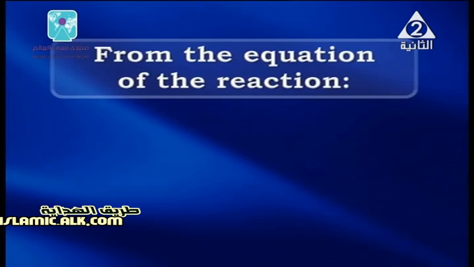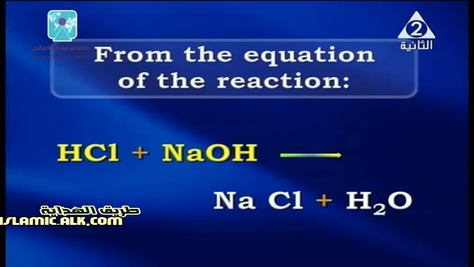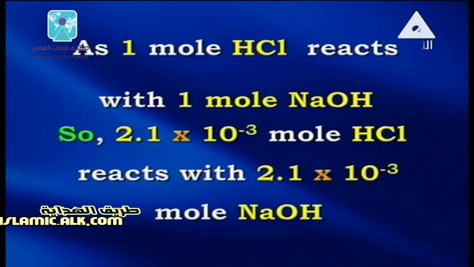From the equation of the reaction, hydrochloric acid plus sodium hydroxide gives sodium chloride and water. As 1 mole of hydrochloric acid reacts with 1 mole of sodium hydroxide, 2.1 times 10 to the power negative 3 mole of hydrochloric acid reacts with 2.1 times 10 to the power negative 3 mole of sodium hydroxide.